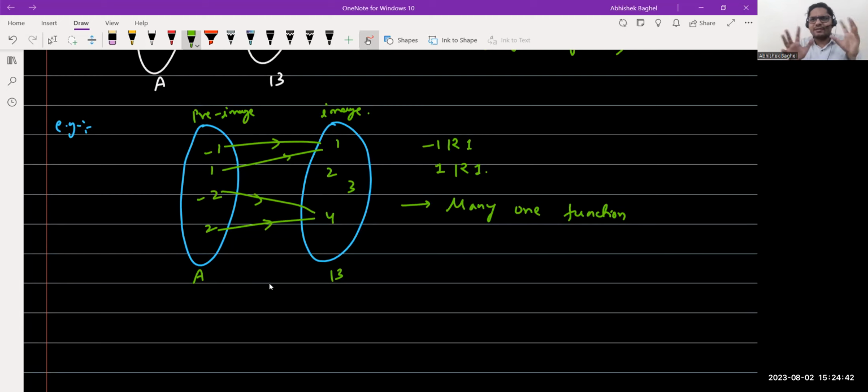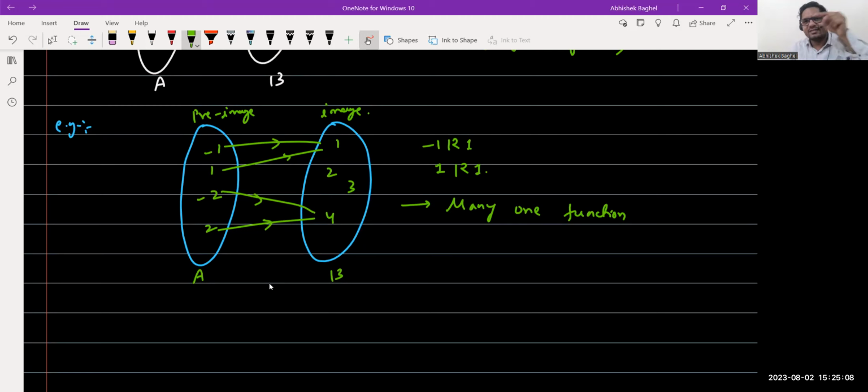Okay, not exactly, but for the purpose of understanding, you can relate it that way. If the mirror is not functioning properly, then you'll get multiple images.